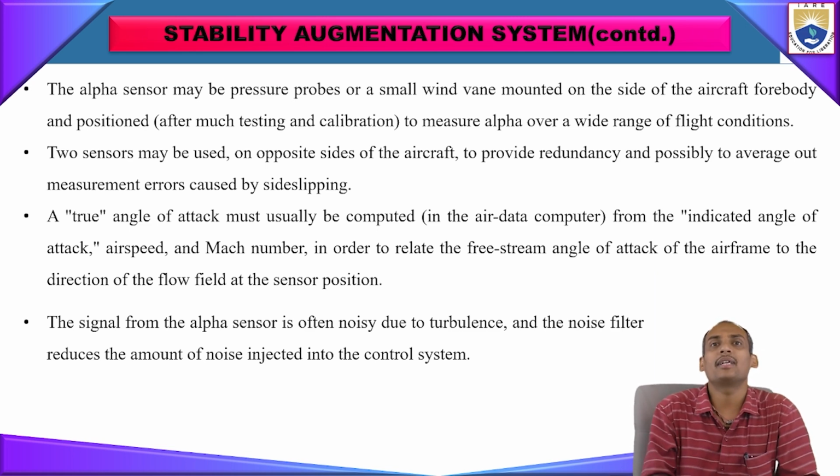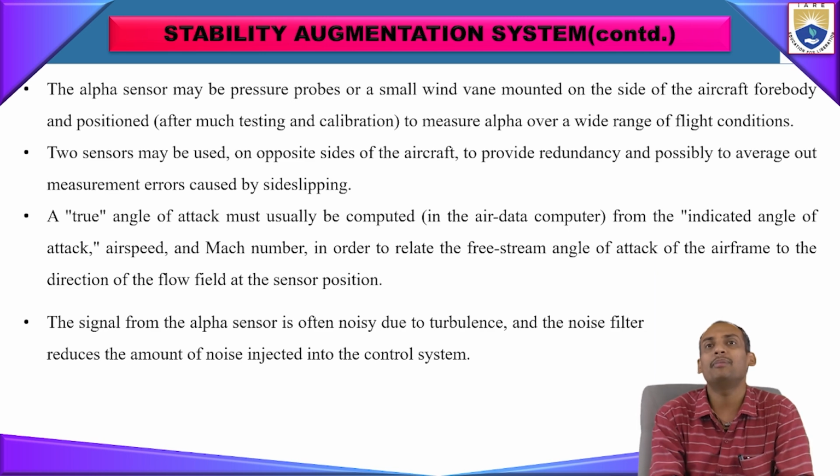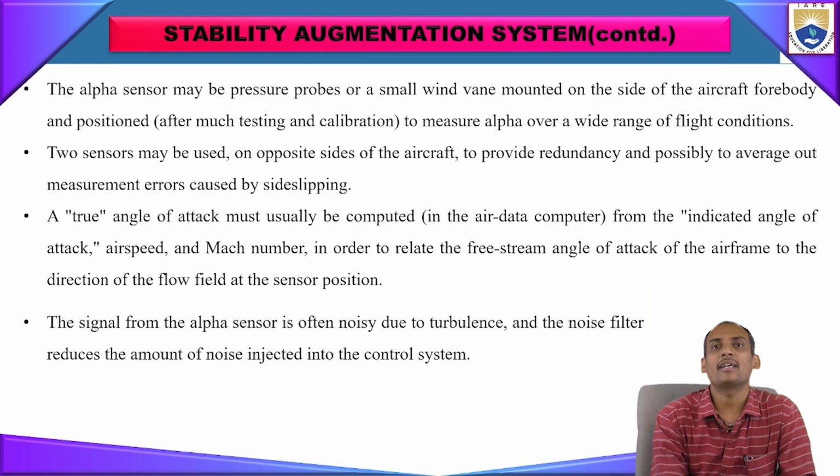A true angle of attack must usually be computed from the indicated angle of attack, airspeed and Mach number, in order to relate the free stream angle of attack of the airframe to the direction of flow at the sensor's position.